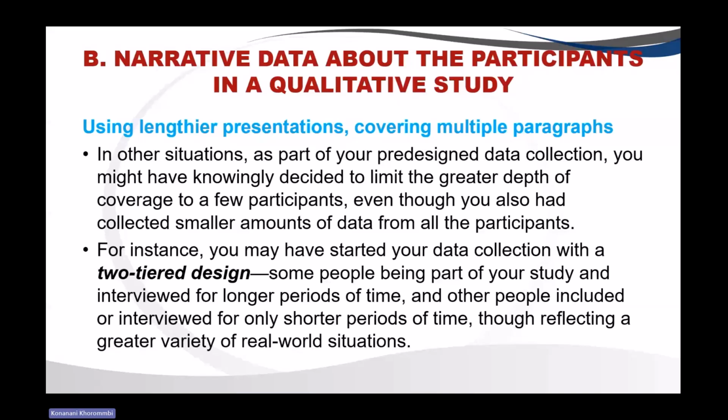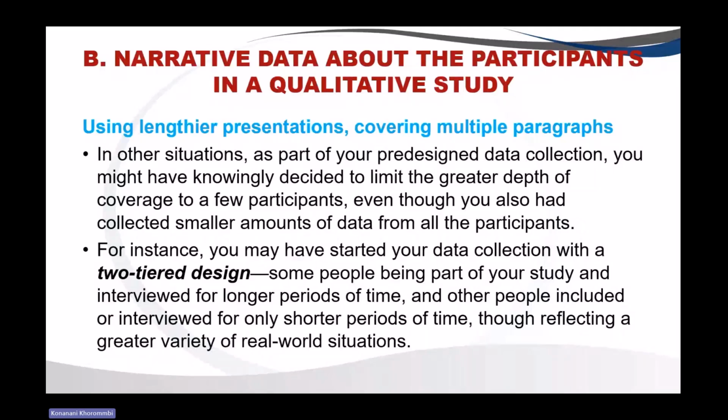For instance, you may have started your data collection with a two-tiered design, which includes some people being part of your study and interviewed for longer periods of time, and other people included or interviewed for only shorter periods of time, now reflecting a greater variety of real-world situations.